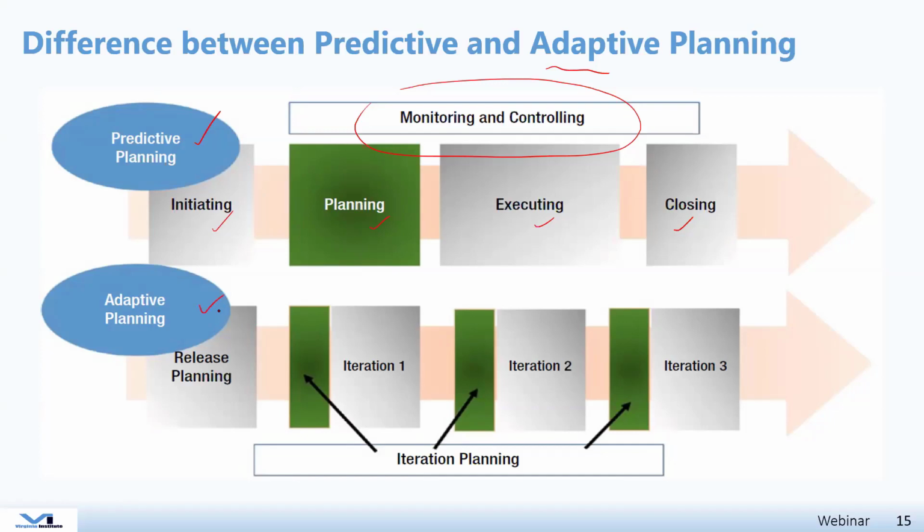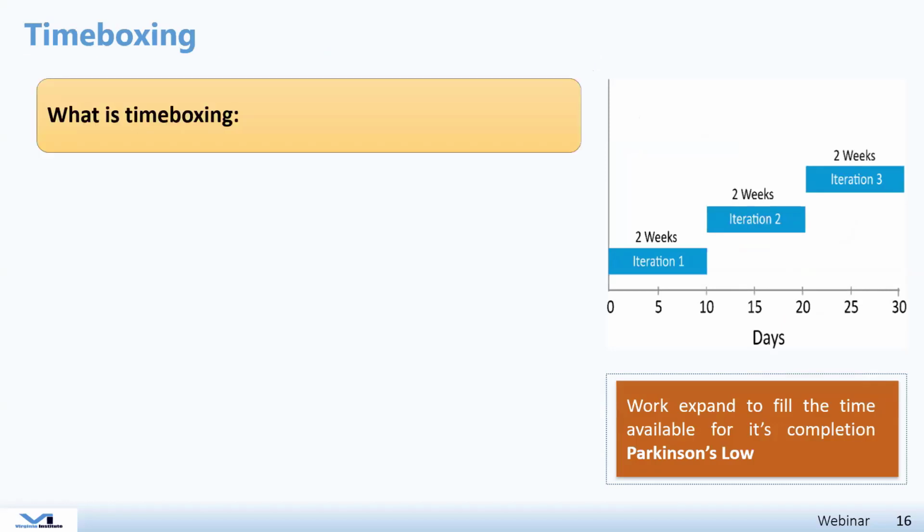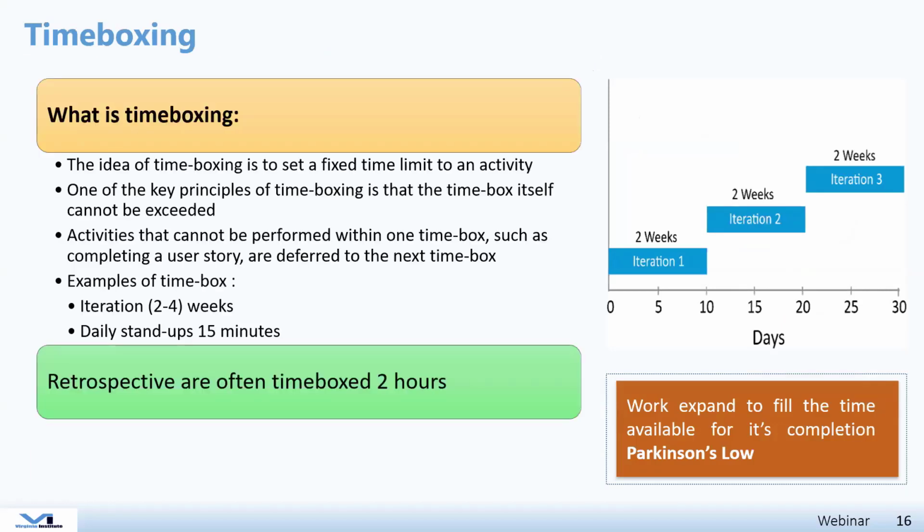But with projects that are complex, complicated, and not clear when it comes to scope and the requirements from the stakeholders, we adopt more adaptive and flexible planning, which requires you to be more agile and requires more of your right brain functions. So time boxing is one way to use your right brain, because time boxing is a concept in agile project management.